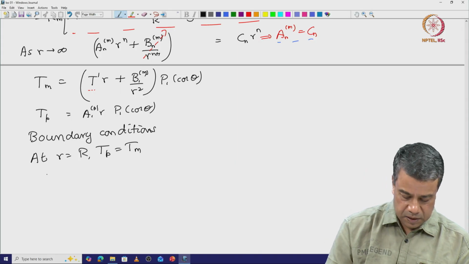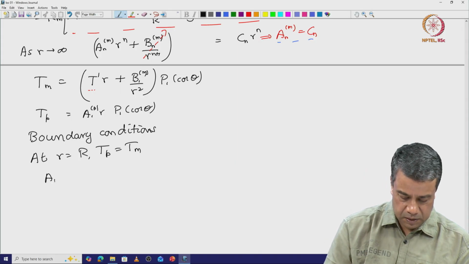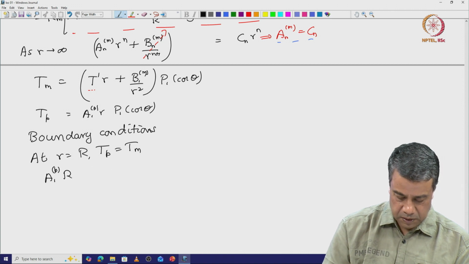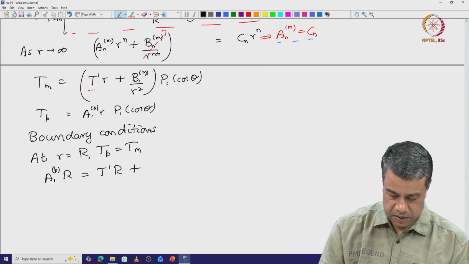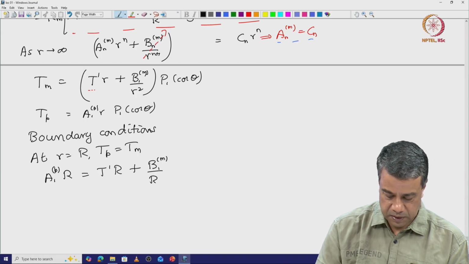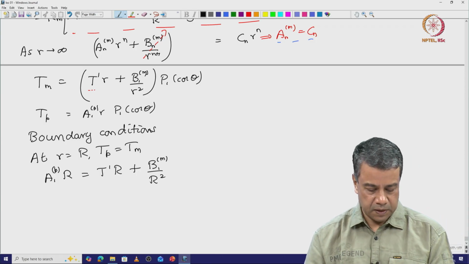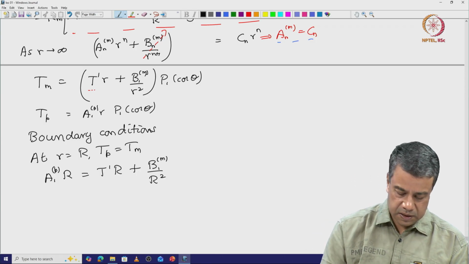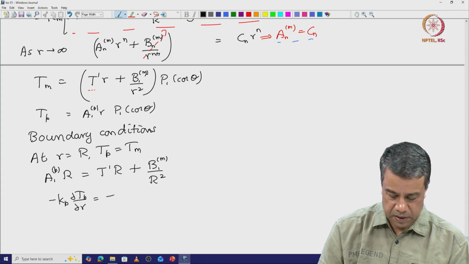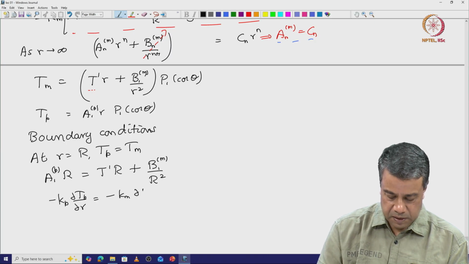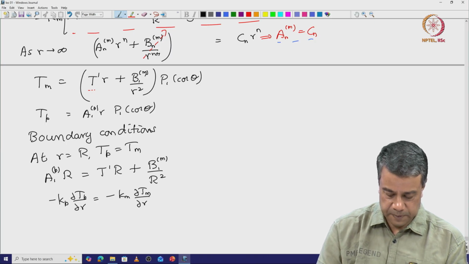That means that A1 particle r is equal to T prime r plus B1 matrix by r square. Okay. And the second condition is that minus k particle partial T particle by partial r is equal to minus k matrix partial T matrix by partial r.